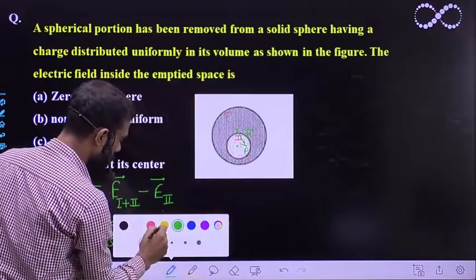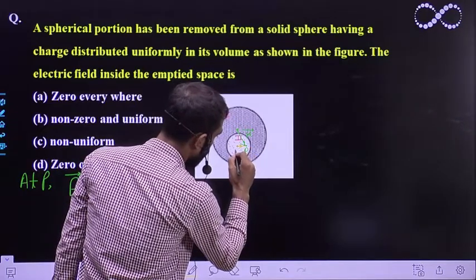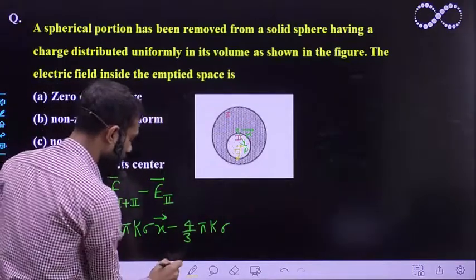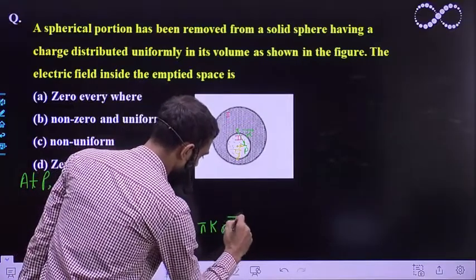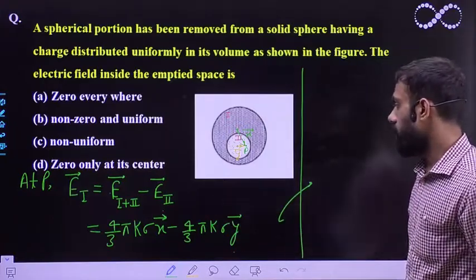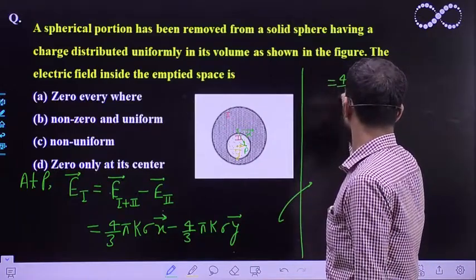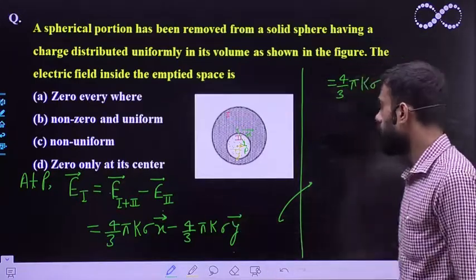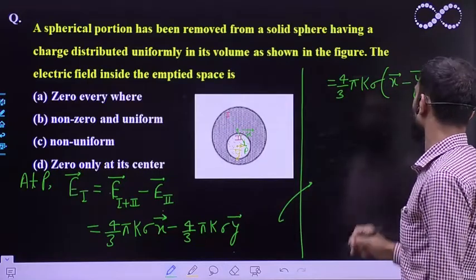Now everything, 4 by 3 pi k rho, will come outside, and this will become x vector minus y vector.